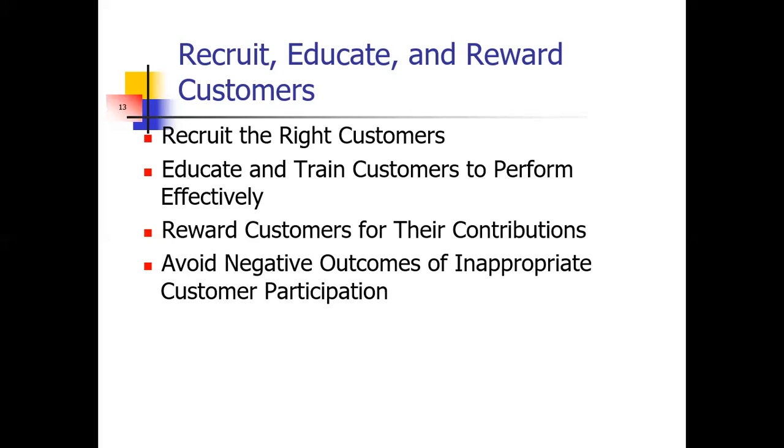And whenever the customer is participating in service delivery, you should know the mechanism of how to reward them, what you should do so that they will deliver the right kind of services. When they are actively involved in delivering the services, obviously they will not involve themselves in negative outcomes. And you should educate them how to avoid the negative outcomes of inappropriate customer participation.